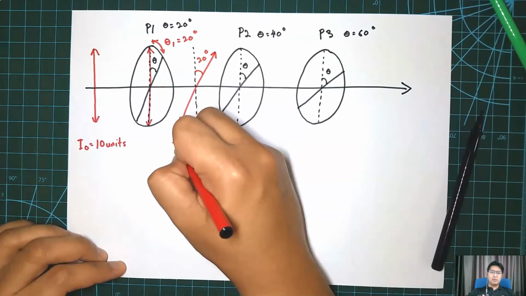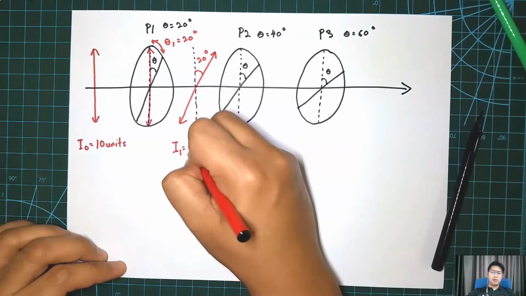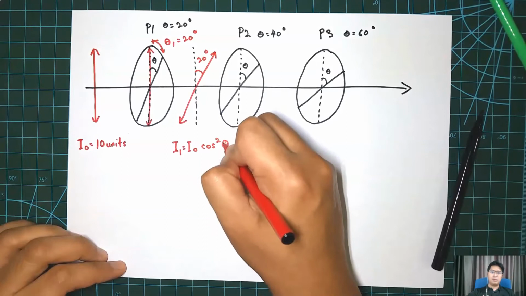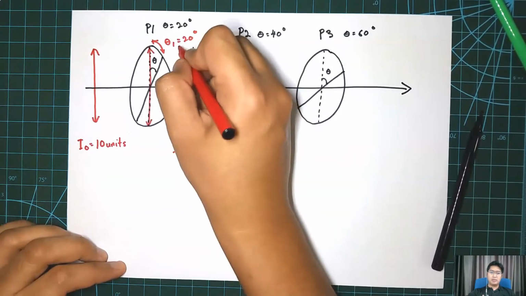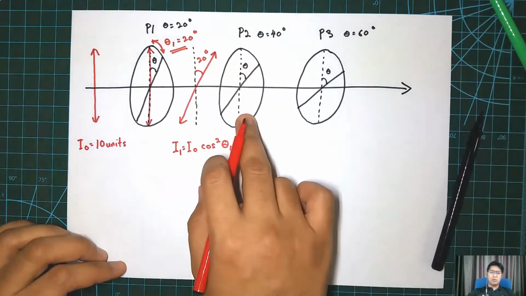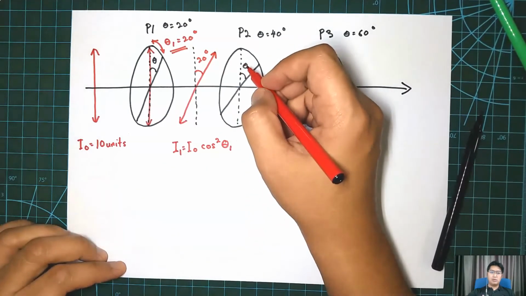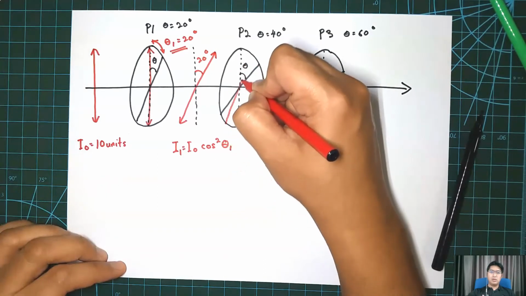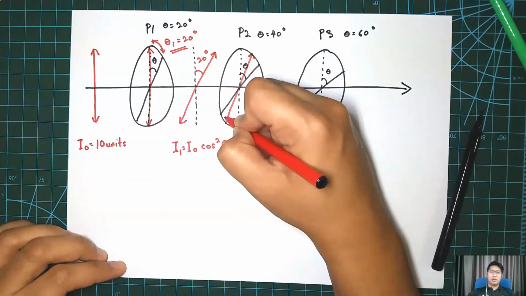The direction of the light that is coming out from the polarizer must follow the direction of the transmission axis of the polarizer, and the intensity of the light must follow Malus's law, which is I1 equals I naught cos square theta 1.